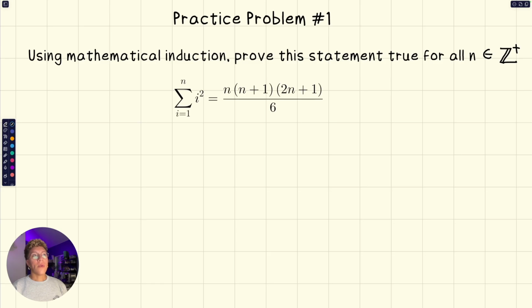When i is 1 to start out, we put 1 in here, we get 1 squared. When i is 2, we get 2 squared. And again, we add all the terms together, 3 squared.